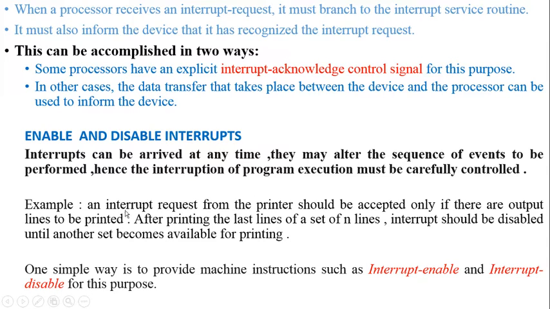Consider a situation in which the processor is generating a certain set of output data that it wants to print using a printer unit. An interrupt request from the printer should be accepted only if there are output lines to be printed. After printing the last line of a set of n lines, the interrupt should be disabled until another set becomes available for printing.